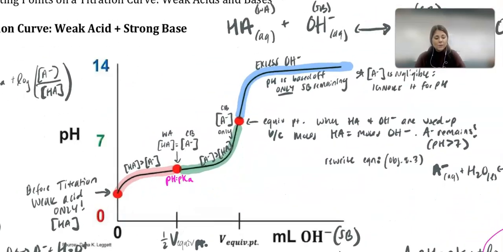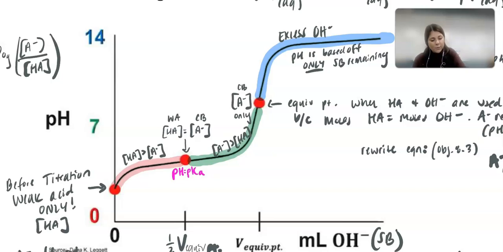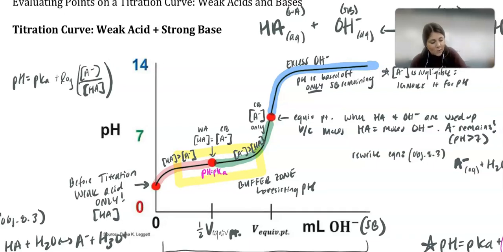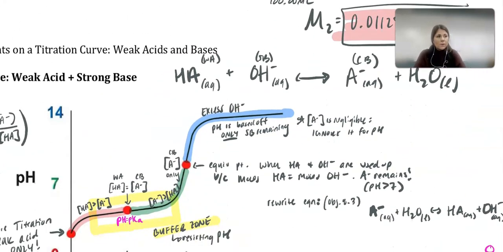Last thing that I want to add to this graph, this part right here is going to be your buffer zone. This is when you have, remember, a buffer means that it's resisting pH. And it's resisting pH because your weak acid, and I'm going to look at this equation up here, your weak acid is trying to resist pH changes from your strong base because we know the strong base is going to increase that pH drastically.